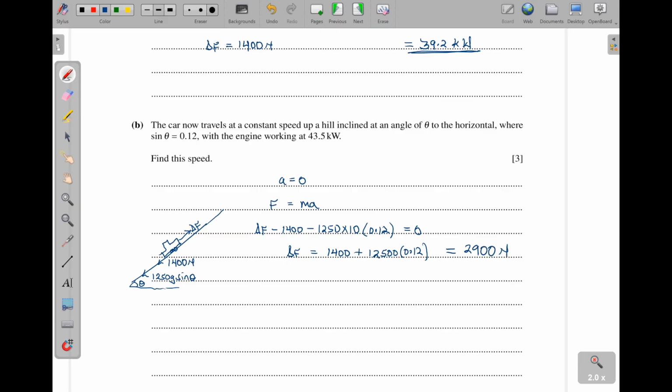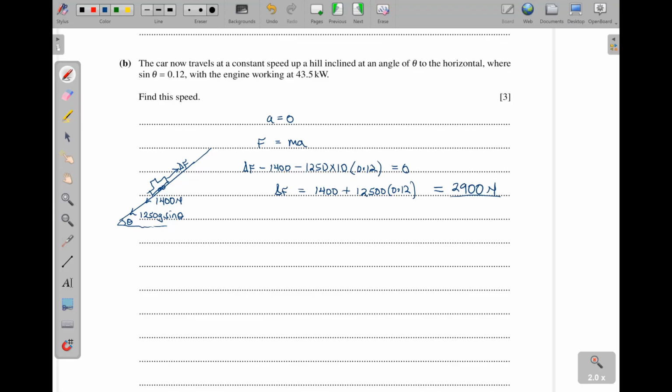But they said that the engine is working at 43.5 kilowatts. So that is the power, and we know that power is equal to the driving force times the velocity. So power is 43,500. You use watts, not kilowatts.